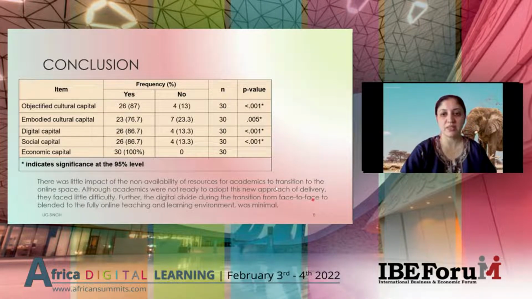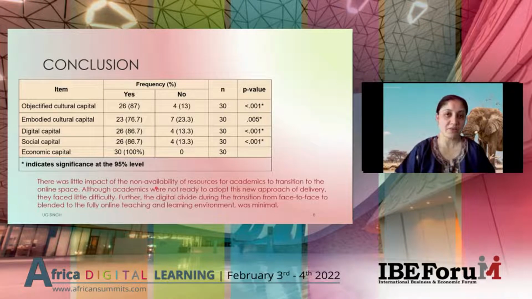So as you can see in terms of the summary, there was very little impact in terms of non-availability of resources, non-availability of access for academics in the transition to the online space. And while academics were reluctant about this new approach, they literally had no choice. It was a forced move to the online environment.